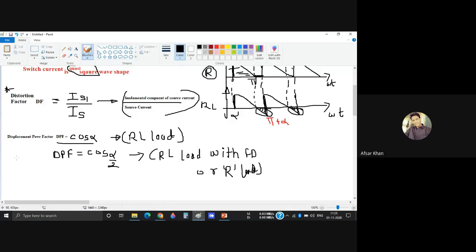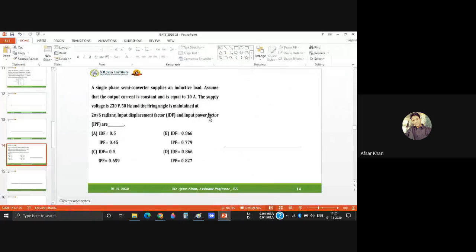Next important formula is IPF, input power factor.